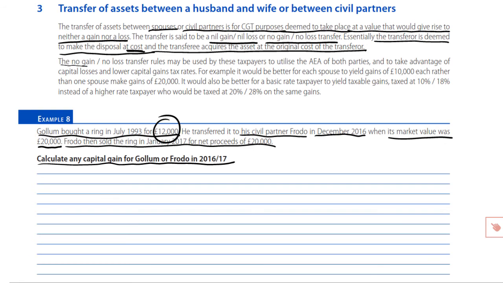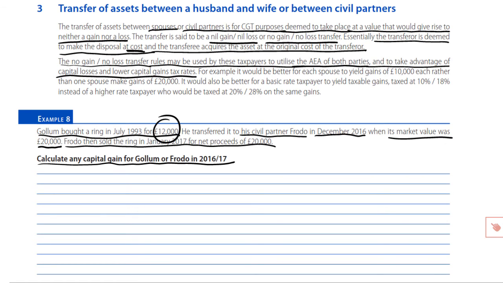So these no gain, no loss transfer rules may be used by the taxpayers. How? To utilise the AEA of both parties. Why have a gain taxable in the hands of one when it could be covered by the AEA of another there? And to take advantage of capital losses and lower CGT rates.